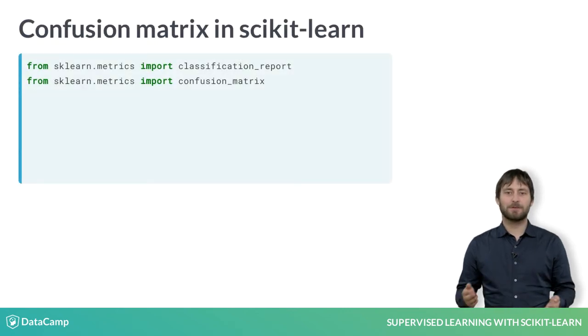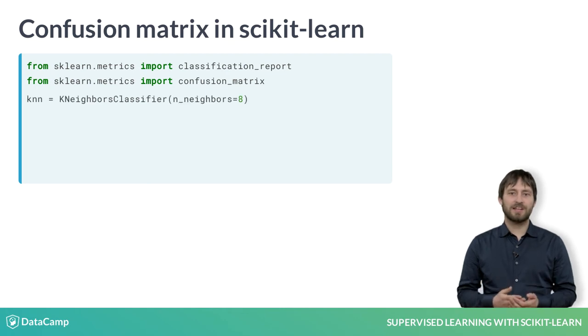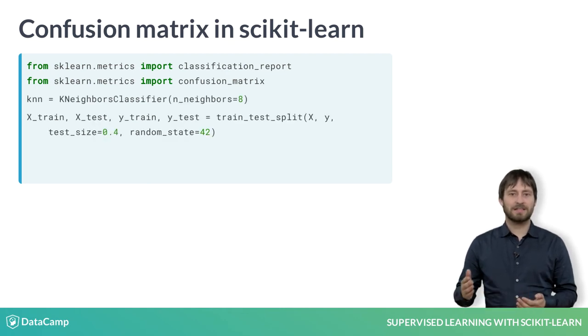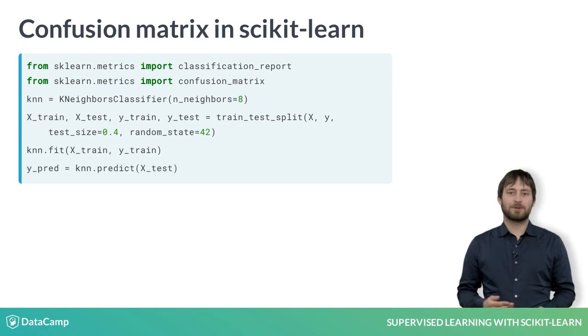Let's now compute the confusion matrix along with the metrics for the classifiers we trained on the voting data set in the exercise. We import classification_report and confusion_matrix from sklearn.metrics. As always, we instantiate our classifier, split the data into train and test, fit the training data, and predict the labels of the test set.